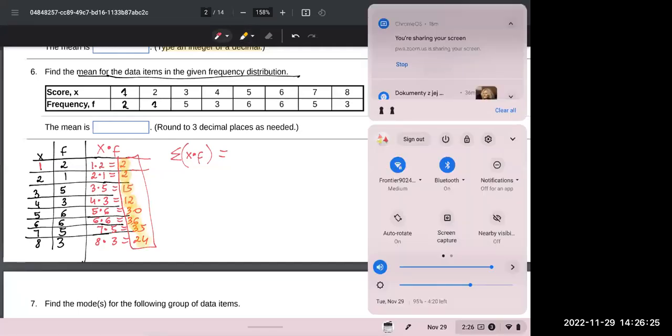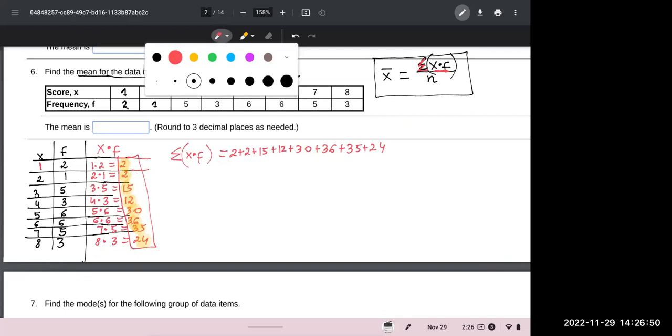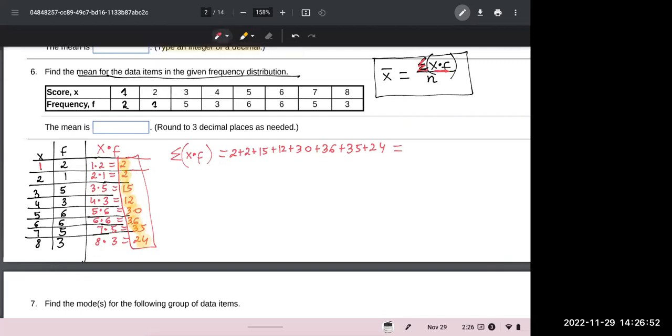So we have 2 plus 2 plus 15 plus 12 plus 30 plus 36 plus 35 plus 24. Let me add those numbers together, and that will give us 156.